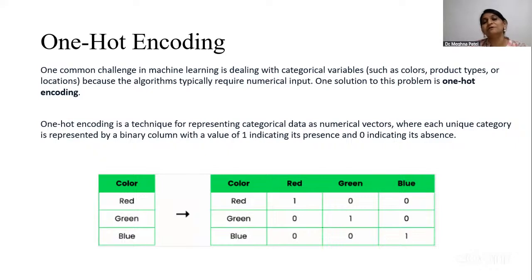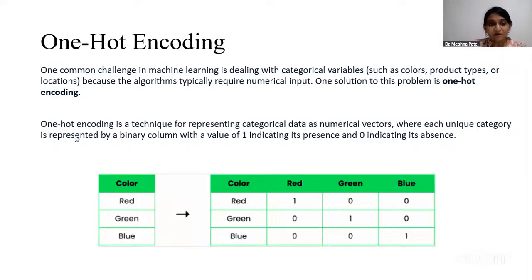We also have to convert categorical data into numerical data so that we can deal with it. There is lots of categorical data, like color: red, green, blue, which we are going to convert into numerical. The methods are one hot encoding, label encoding, and ordinal encoding. These are the encoding methods which convert your categorical data into numerical data. So the first technique, one hot encoding, is used to convert your categorical data into numerical data.